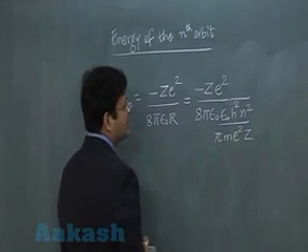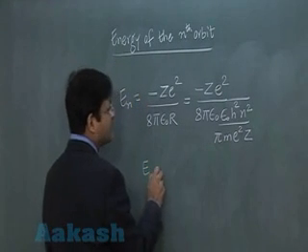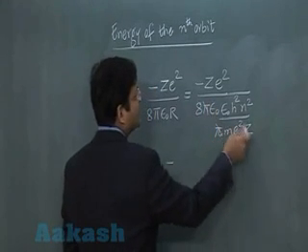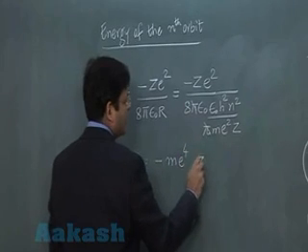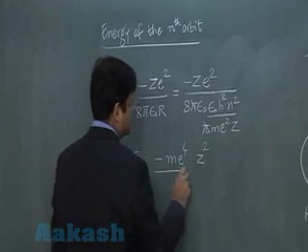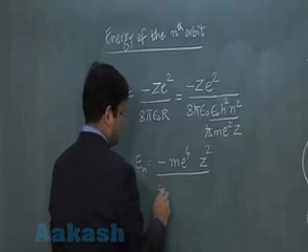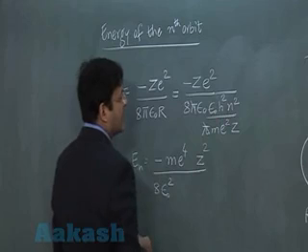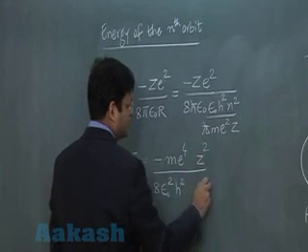Then you see some of the things getting cancelled out. Here you can get energy of the nth orbit as minus, this pi is cancelling out, m e square going in the numerator, and in denominator you have 8 epsilon naught square, this h square is here, and n square.